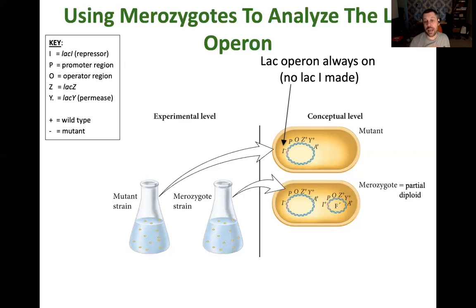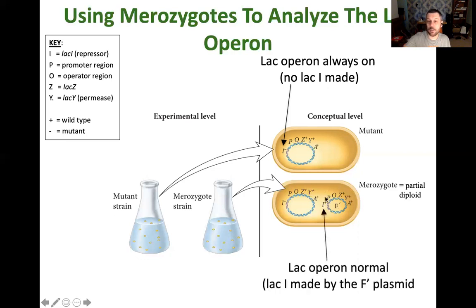And so they'd be able to say, hey, what gene can rescue what other gene? And in this case, what they did was they introduced a second plasmid or a second piece of DNA, this F prime plasmid, that is wild type across the board. And what they would find is that if you introduced a wild type repressor, this would rescue the mutant repressor over here.